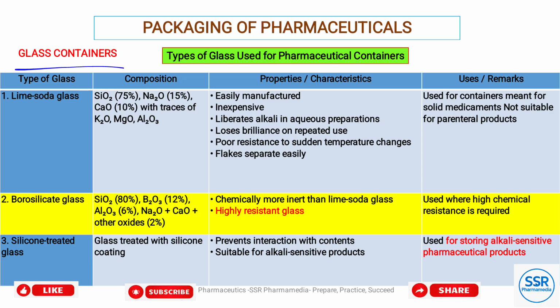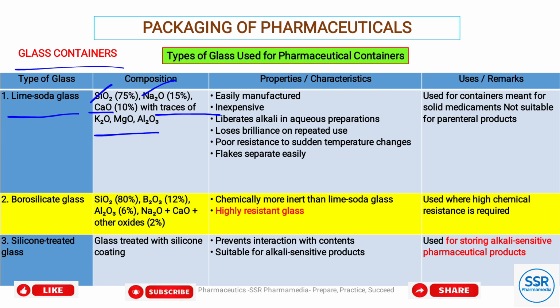Next, types of glass containers. First is soda lime glass. Soda lime glass contains silicon and lime, and CaO with traces of K2O, MgO and aluminum trioxide.